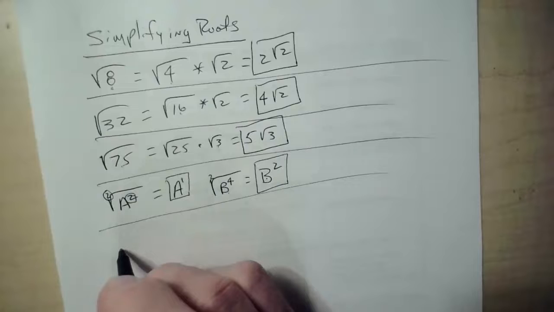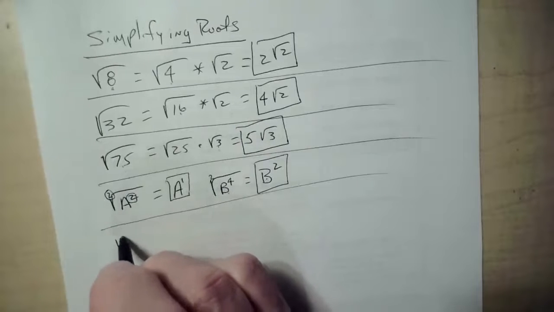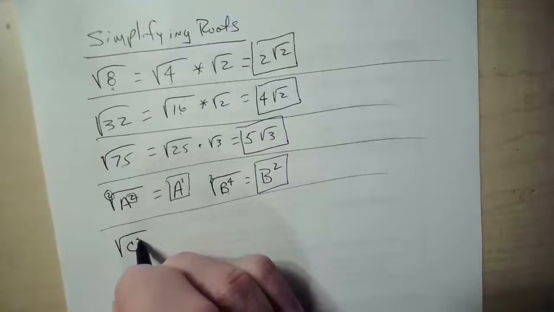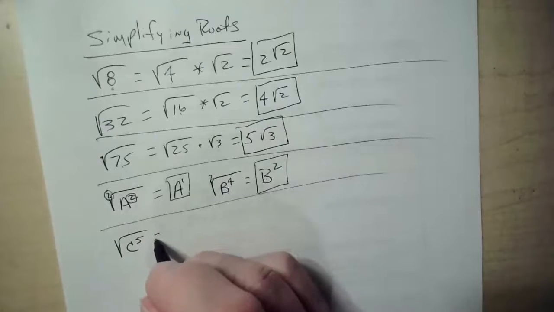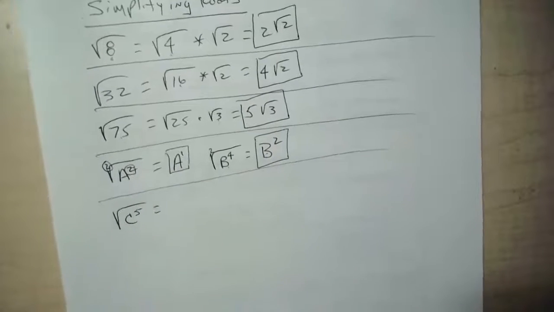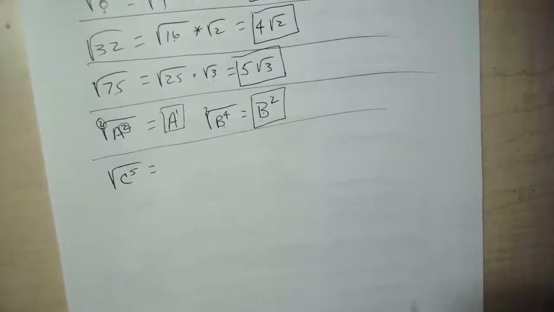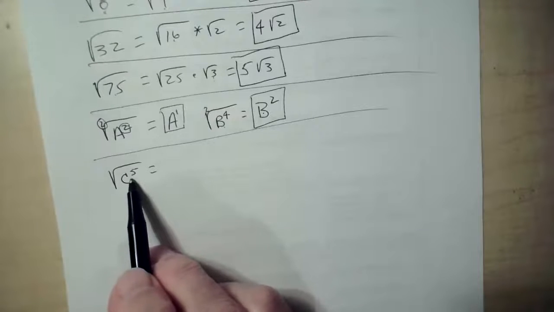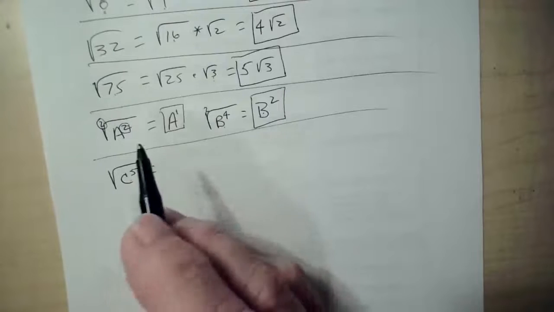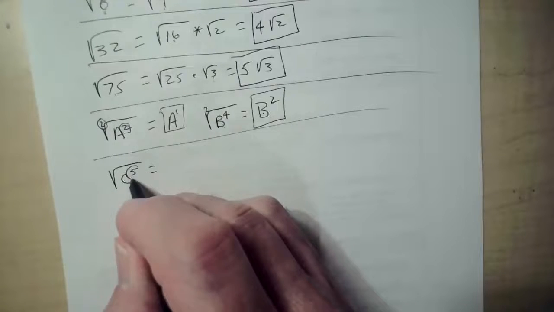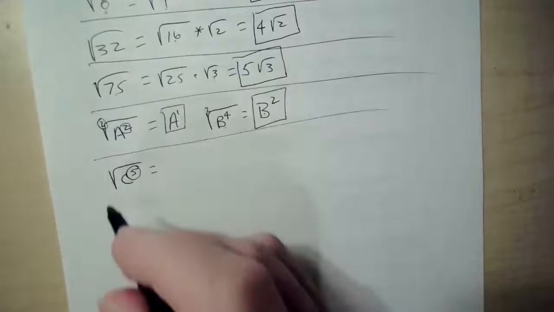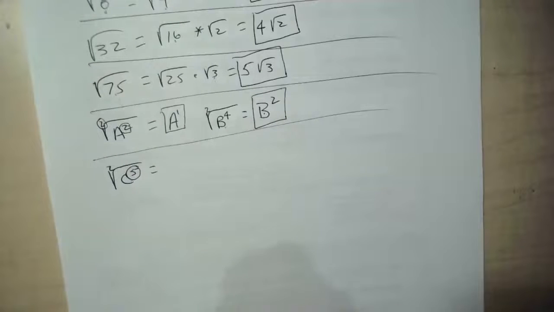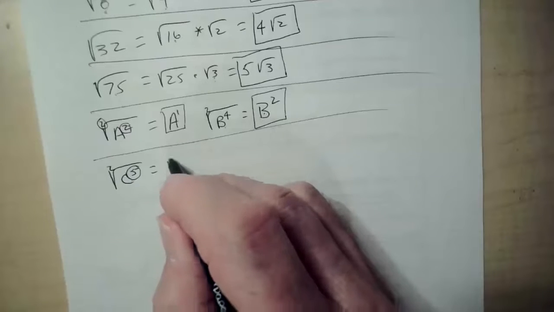Now get this, if you're so smart. The square root of c to the 5th power. Now what can we do to this? How can we factor the c to the 5th? Because this has to be an even number if our index is 2.